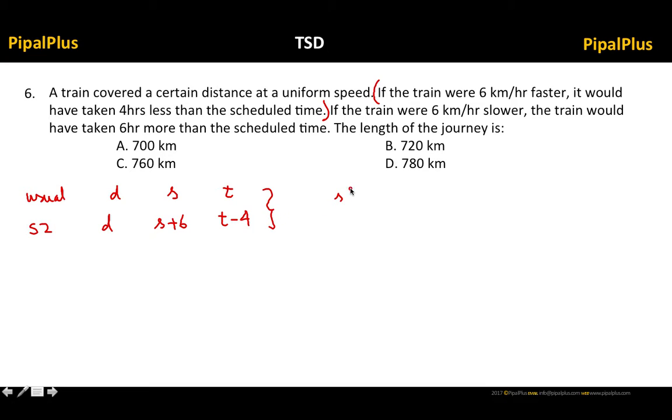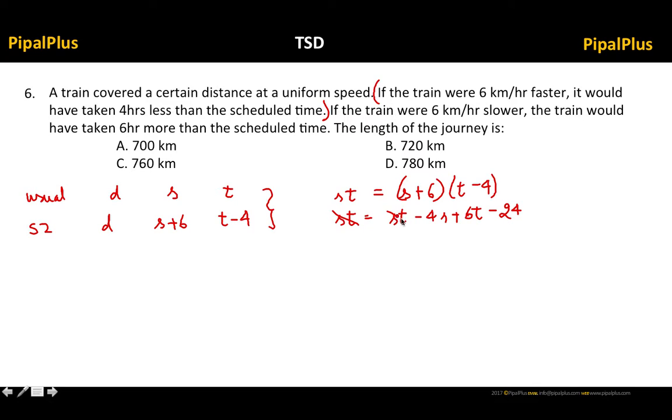So S1 T1 equals S2 T2, right? So when I simplify this, I get ST equals, let's open these brackets up. I'll multiply S with T minus 4 to get ST minus 4S, and then I'll multiply 6 with T minus 4 to get 6T minus 24, right?